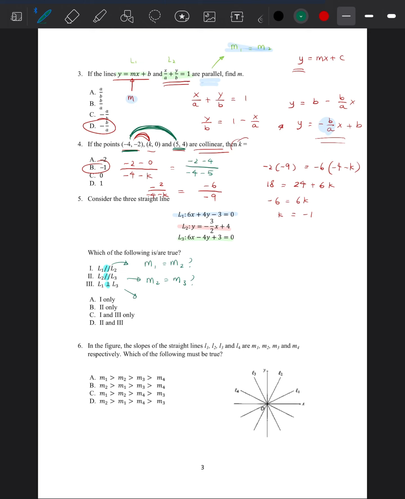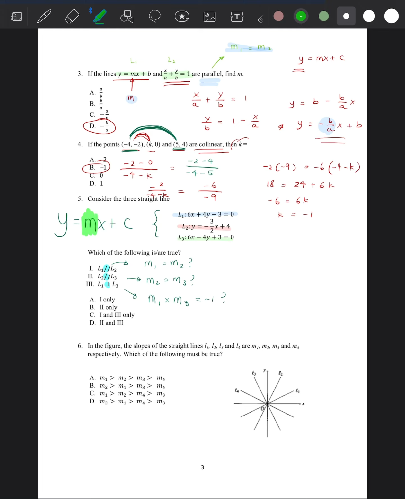And if it's perpendicular, it means that m1 times m3 equals minus 1. Are these true? So in this case, we have to change them all into the format of y equals mx plus c first, because we only want to look at your gradient, the m.